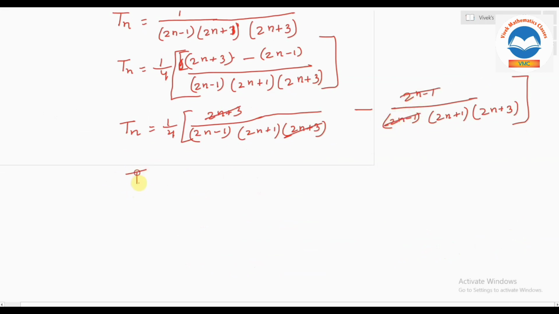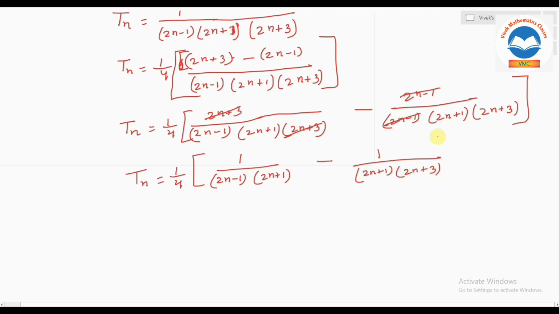So what are we getting as Tn? Tn will be 1 by 4 into 1 divided by 2n minus 1 into 2n plus 1, minus 1 divided by 2n plus 1 into 2n plus 3. So this will be your Tn.